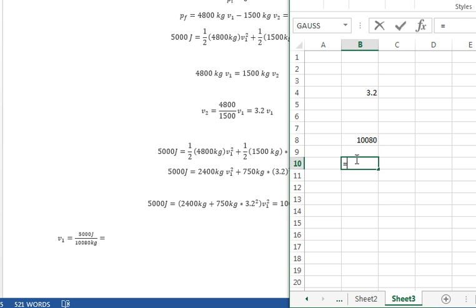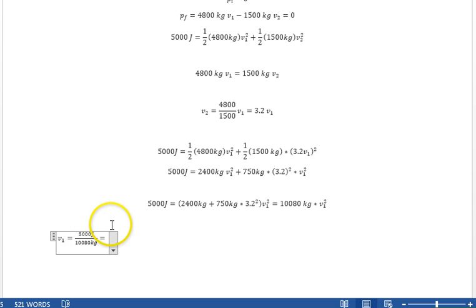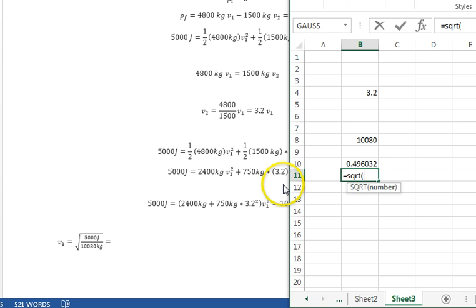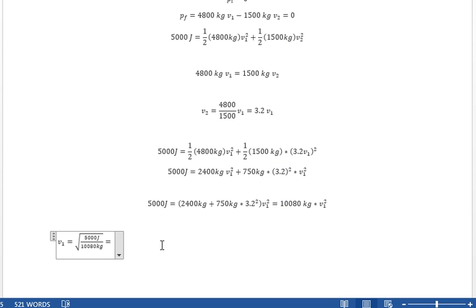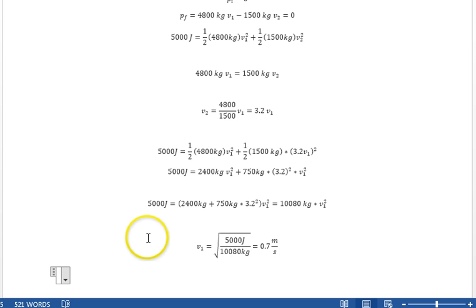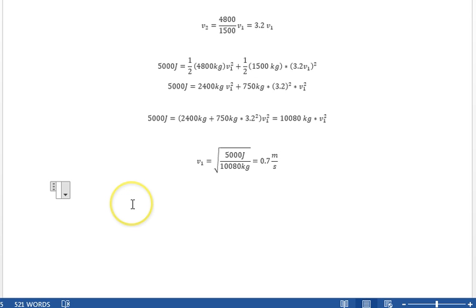All right, 5,000 divided by 10,080, my apologies, square root of all of that. Oh, 0.7 meters per second. All right, so V1 is 0.7 meters per second.